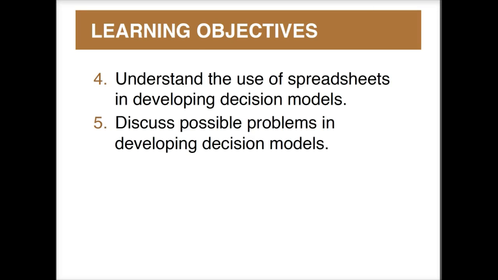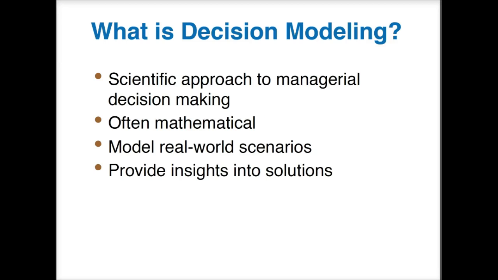So, all right, what is decision modeling? It is a scientific approach to managerial decision making. And of course, a lot of things in this world, you'll find that even though there's words to describe it, a better way to describe what's going on without having to say so many words is to model it mathematically.